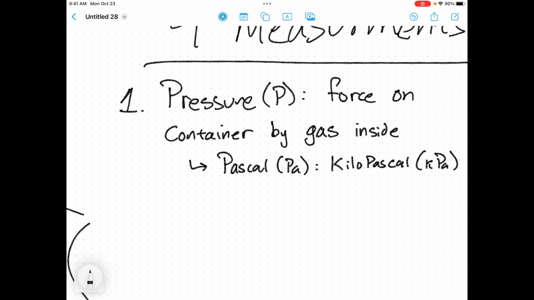There are some other units you'll see sometimes. Sometimes you'll see atm, which stands for atmospheres of pressure. That's another common one. Some that are a little bit less common are millimeters of mercury.